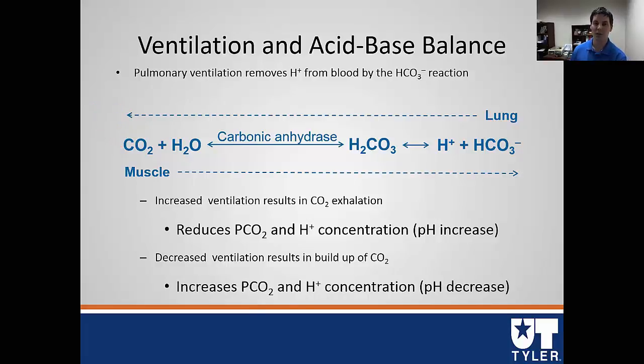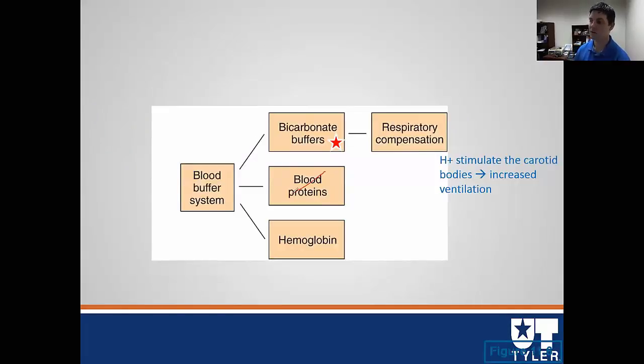Right? So if we look at the mechanisms of how we buffer, to sum this up, we have blood proteins and hemoglobin, which are good at rest, bad for exercise. Right? At exercise, what happens is we're primarily going to use the bicarbonate buffering system, and we term that respiratory compensation, right? These hydrogen ions stimulate the carotid receptors that then cause an increase in ventilation.